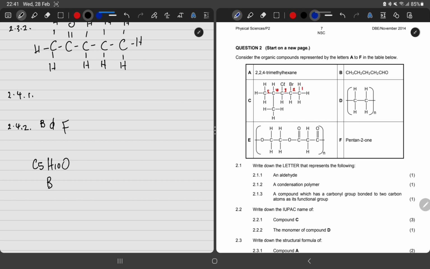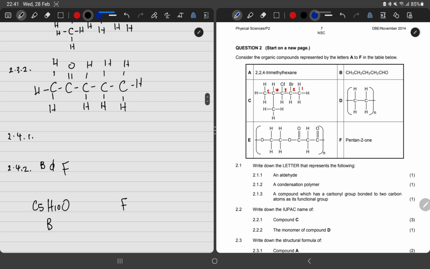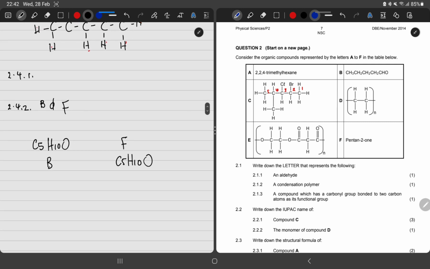And for F, you also have 1, 2, 3, 4, 5 carbons and 10 hydrogens, so C5H10 and 1 oxygen. So you can see that these two have the same molecular formula, but they belong to different functional groups.